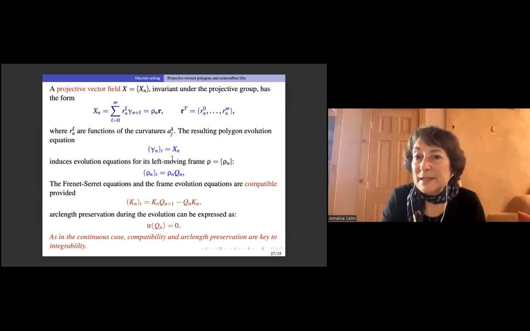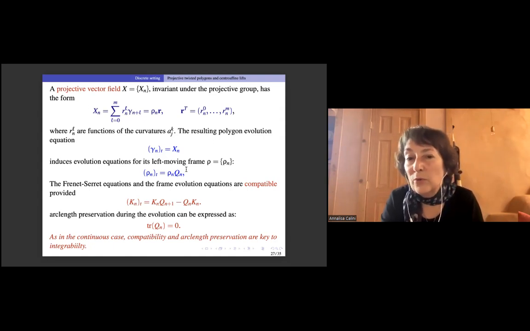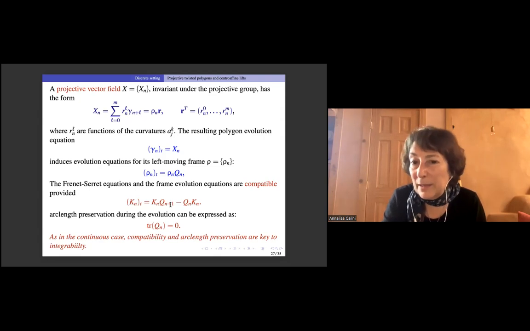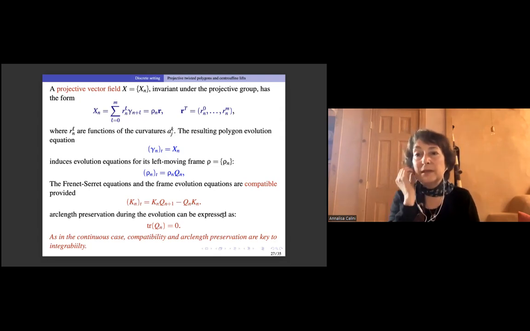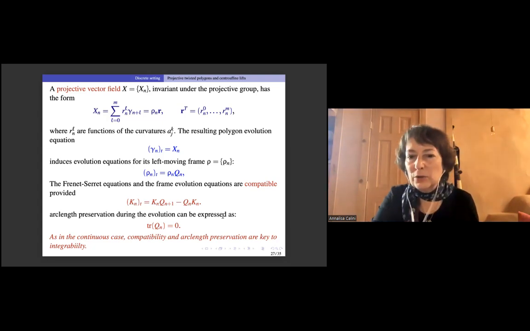Write down the resulting polygonal evolution given such a vector field. That evolution induces an evolution of your moving frame. Require compatibility, and the Klein preservation condition again says that the trace of your Q has to be 0, so it has to be in the algebra in a way. So again, as in the continuous case, compatibility and Klein preservation are key to integrability.